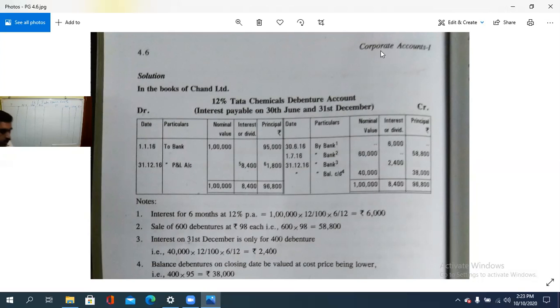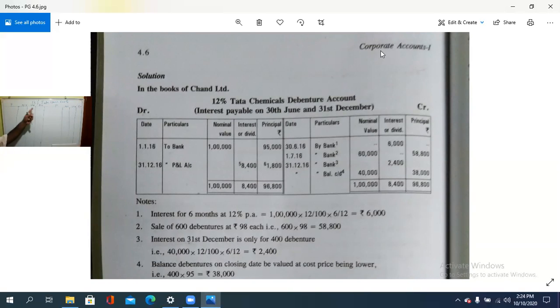So how is it to be done? The first entry: we studied that at the time of purchase, investment account debit to bank. Starting with the investment account, here the investment is the debenture.